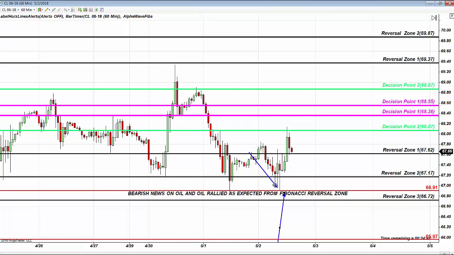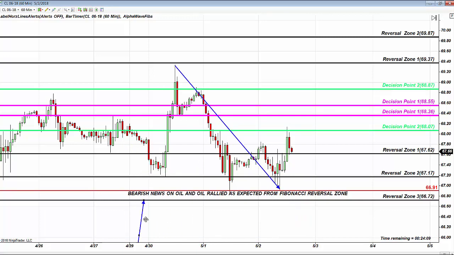Oil was at key trend inception levels. This was the oil news release, extremely bearish. Oil was at trend inception. This is what oil did, as we discussed and identified well before the news. No matter what the news is, Fibonacci reversal zone is present.